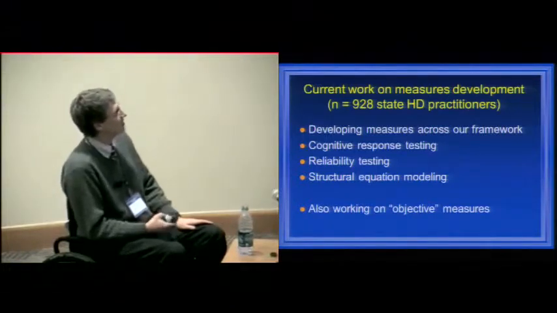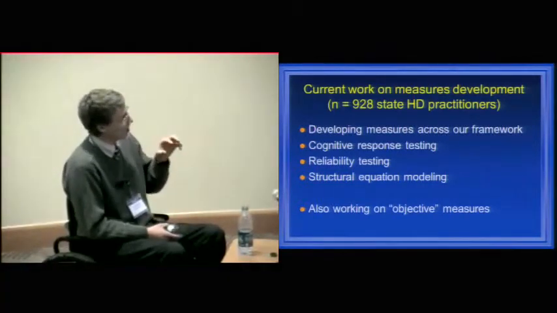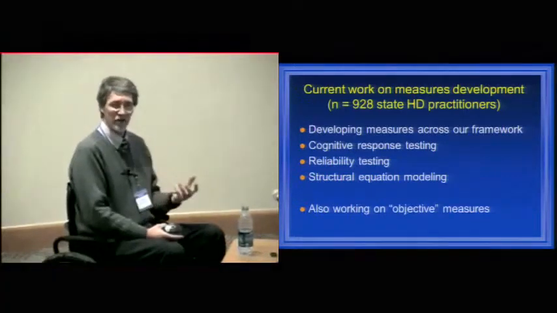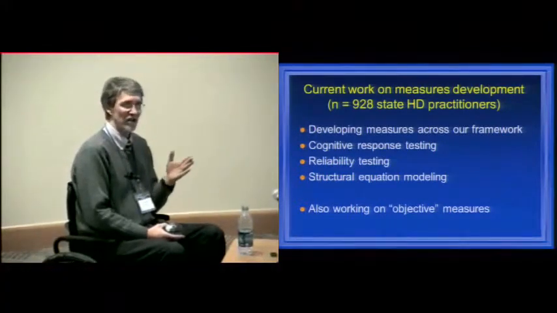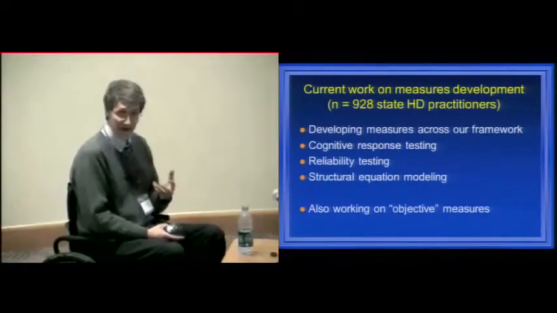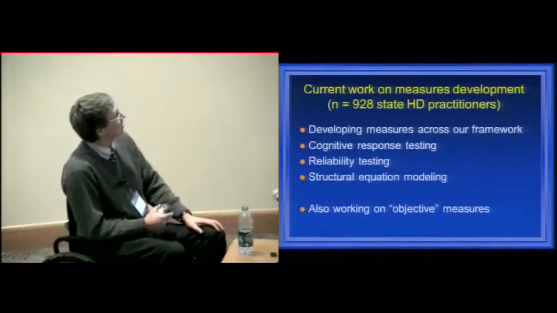We did cognitive testing. We've done reliability testing. We're now doing structural equation modeling. And we're also working on a separate part I won't say much about. It's the parallel to the medical record audit, the public health record audit. Can you get into records and document what a public health agency is doing? It's really messy, but we're trying to do it, and we'll see where it ends up.